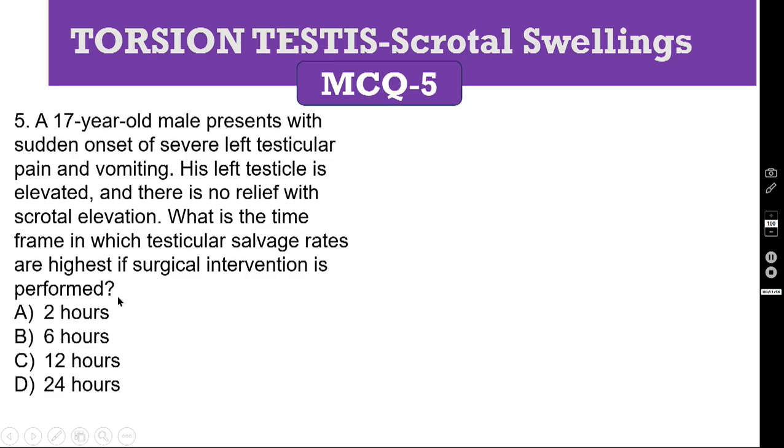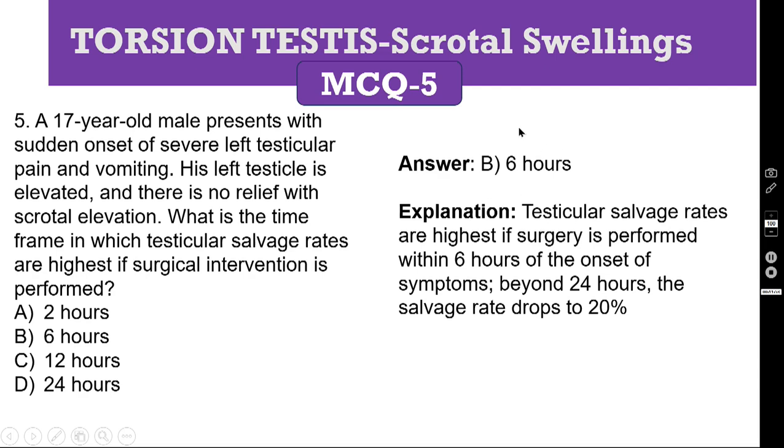A. 2 hours, B. 6 hours, C. 12 hours, and D. 24 hours. The correct answer is B, 6 hours. Testicular salvage rates are highest if surgery is performed within 6 hours of onset of symptoms. Beyond 24 hours, the salvage rate drops to only 20%.